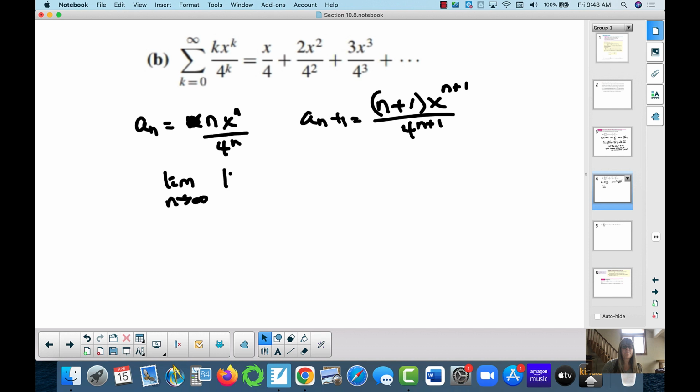So I get the absolute value of x to the n plus 1 times n plus 1 over 4 to the n plus 1 multiplied by the reciprocal of a sub n, which is 4 to the n over the absolute value of x times n.